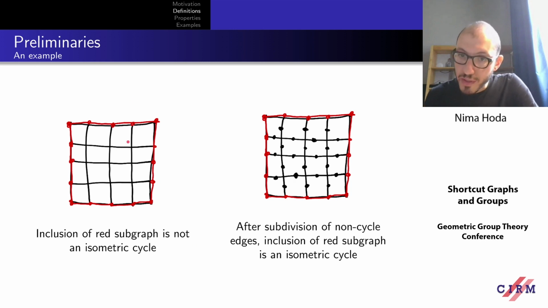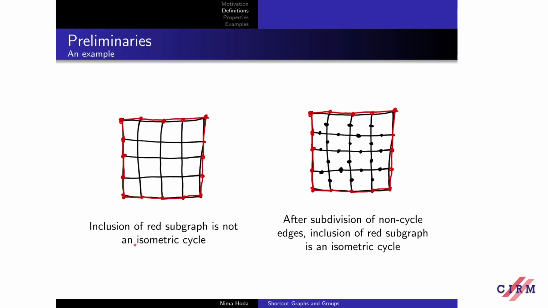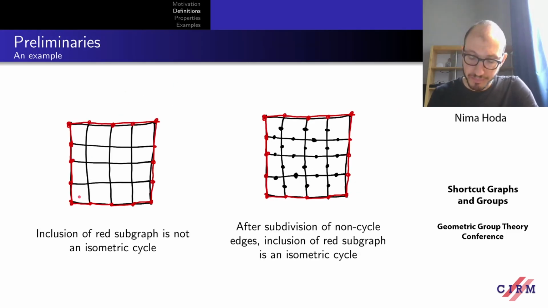Okay, so just a quick little example. Here we have an n by n grid graph. It's like a piece of the standard Cayley graph of Z squared.